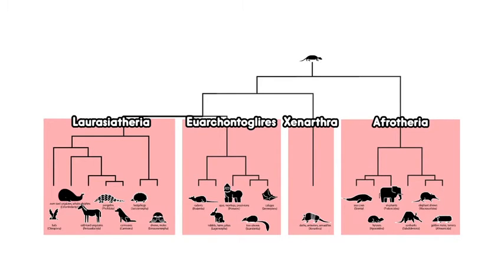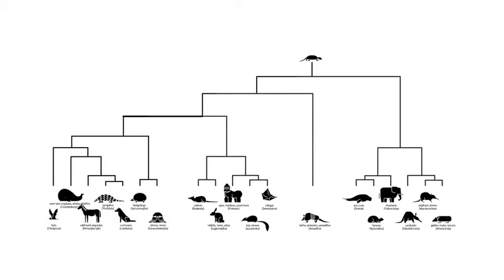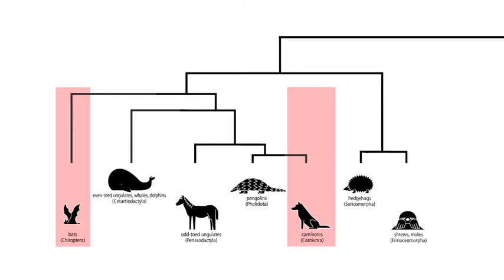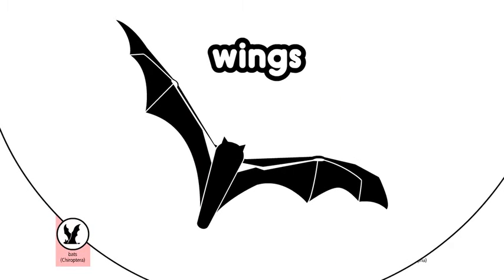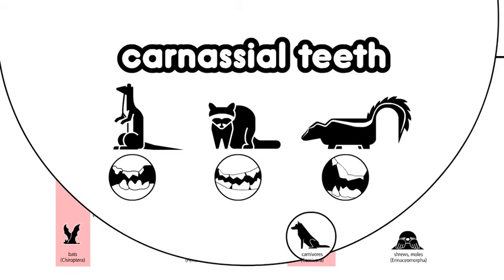Members of a clade share a common evolutionary history they don't share with any other group. This branch represents the clade Laurasiotheria. Other clades are nested within it, like the bat clade and the carnivore clade. All members of a clade share some similar characteristics because they arose from the same common ancestor.